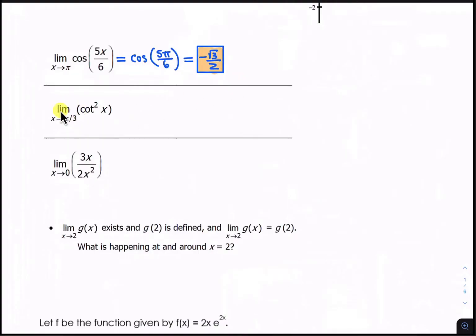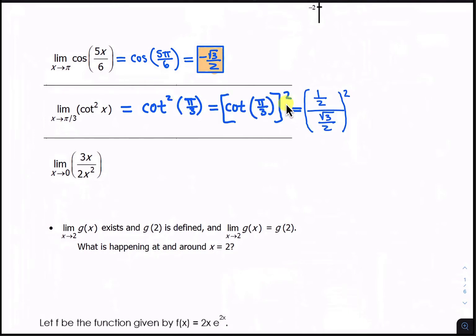All right, the next problem, we have the limit as x approaches pi over 3 of the cotangent squared of x. We can do direct substitution, replacing x with pi over 3. That's going to be cotangent squared of pi over 3. So we need to find the cotangent of pi over 3, and then we'll square it.